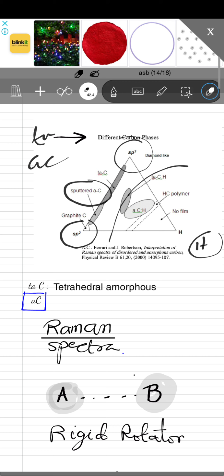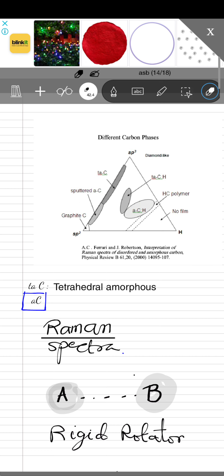Now, Raman spectroscopy is one of the molecular spectroscopies which is mainly used in the determination of carbon phases. Before going into the details, it has been assumed that the molecule being considered for the theoretical aspect is a rigid rotator molecule.